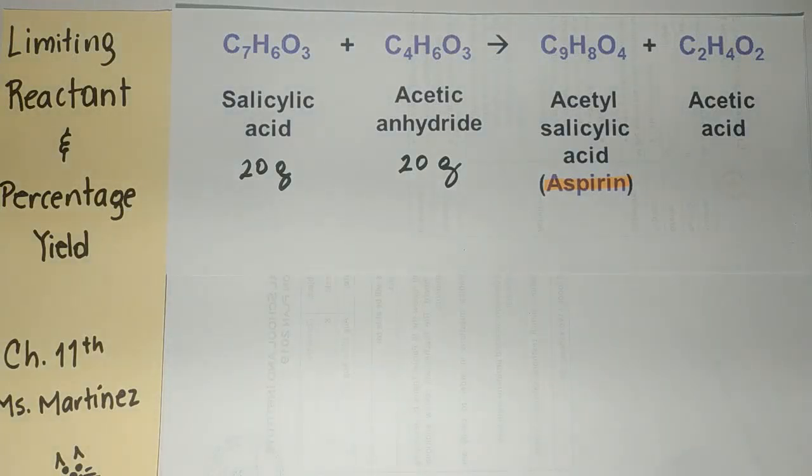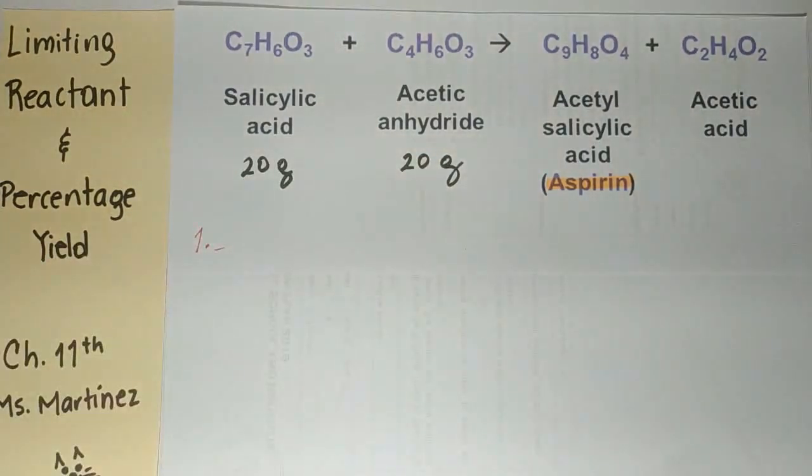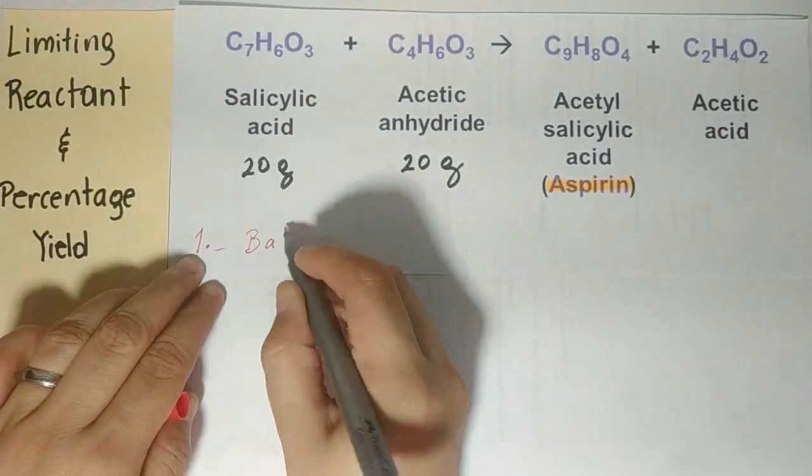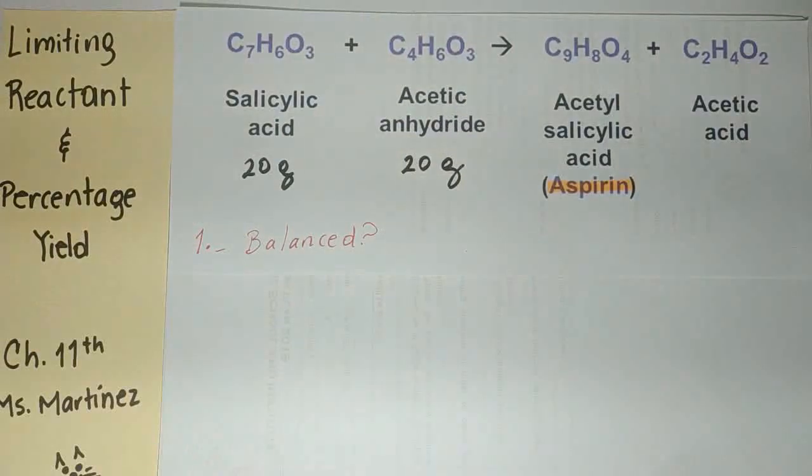As a first step, I always suggest to check, is it balanced? To know if it's balanced, we need to compare how many elements we have on both sides of the reaction.